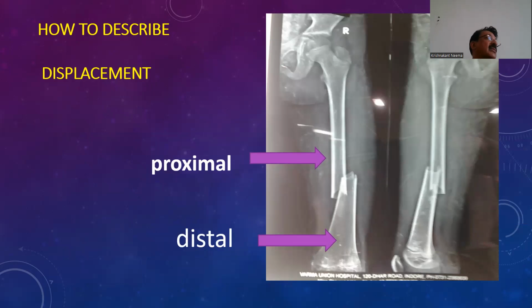Now, one of the basic things which you all must know is how to describe a displacement. Whenever there is a fracture, the fracture fragments don't stay in their place. They always move. They can move in any direction depending on the force, on the impact.